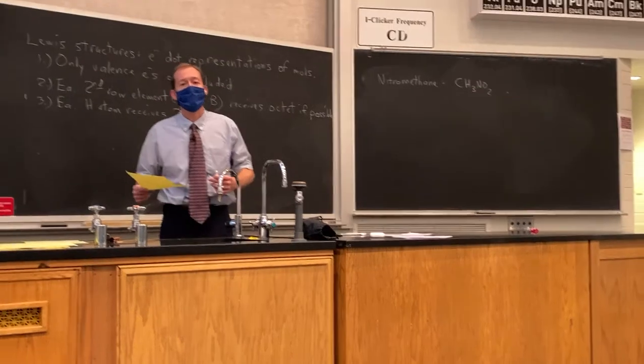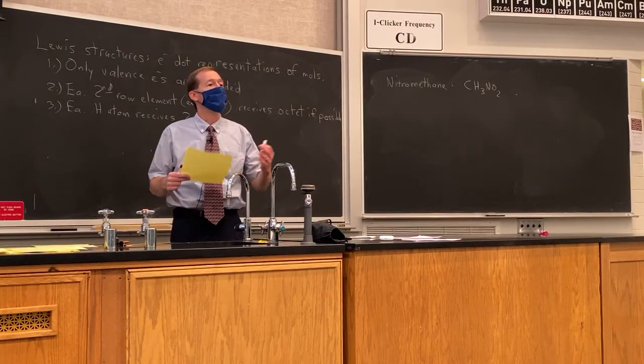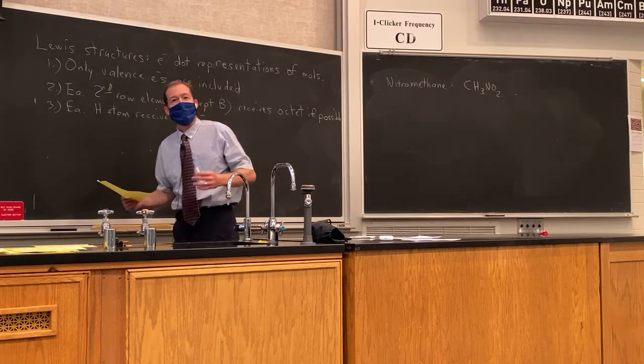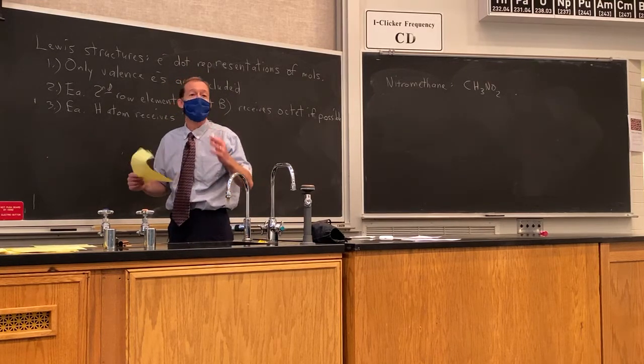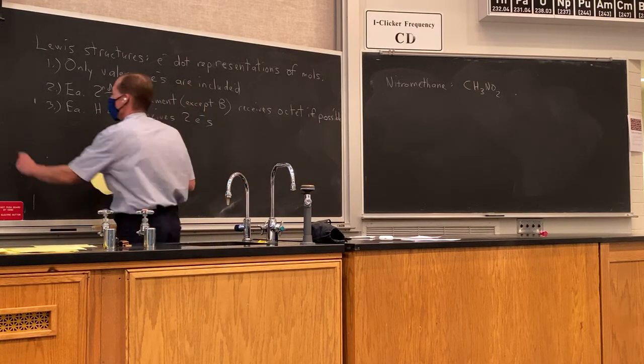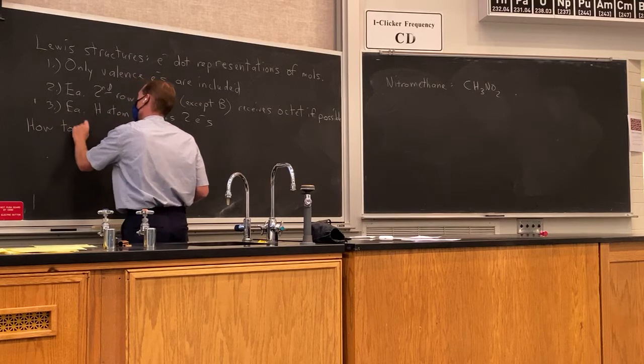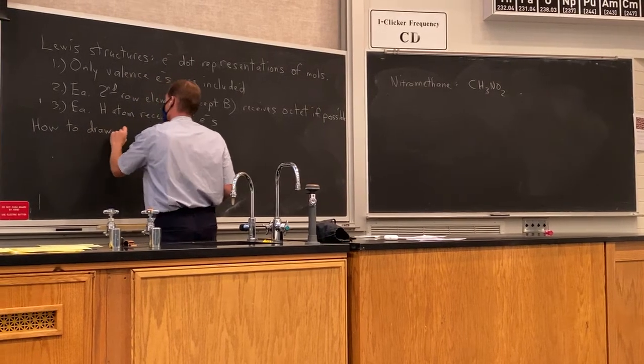And we're going to go through a step-by-step process of how to draw resonance structures. Okay? So once you get skilled at this, you can combine some of these steps, but we're going to go through them step by step at this point in the class. Okay? Or how to draw Lewis structures. Sorry. I think I said resonance structures.